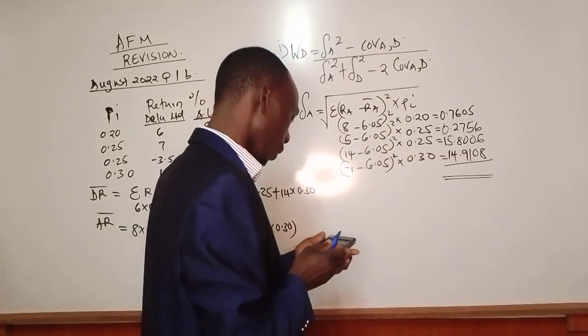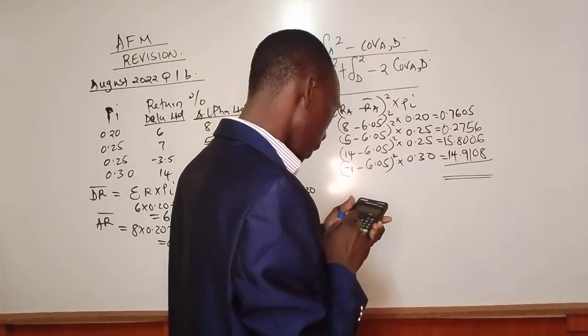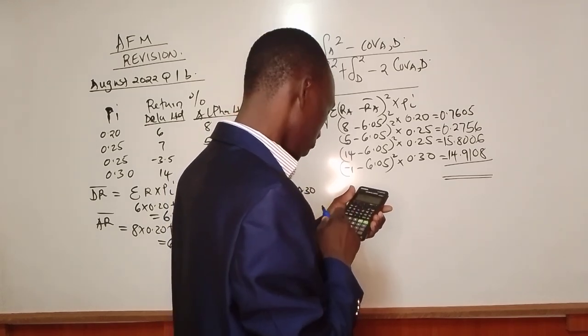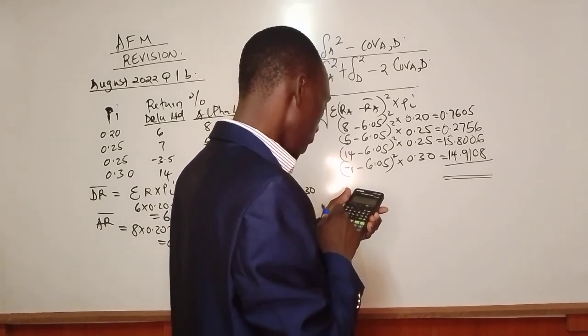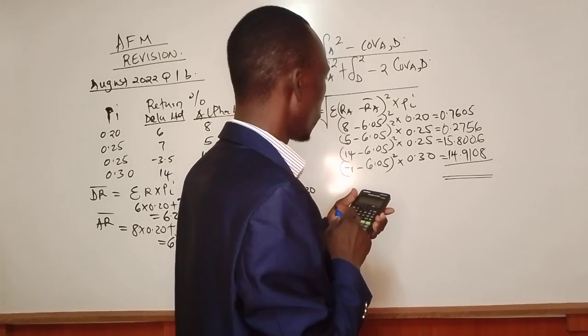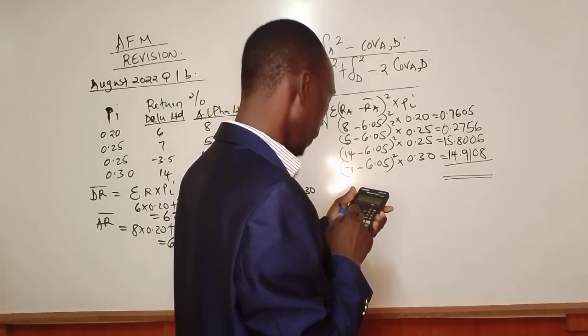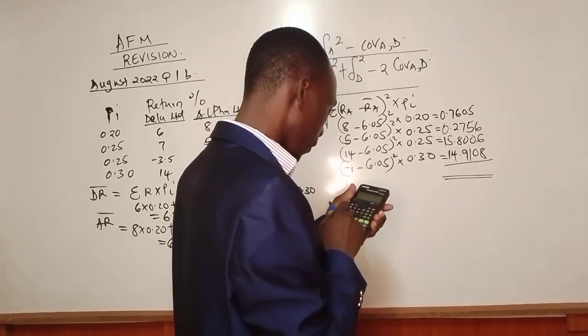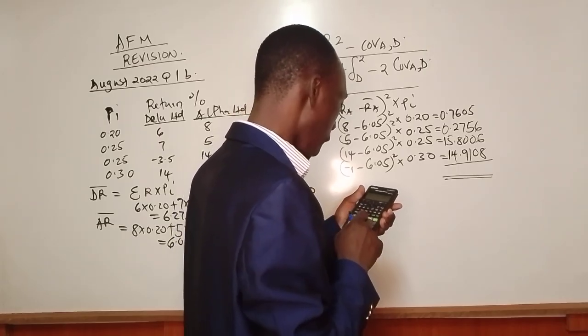So our summation will be 14.9108 plus 15.8006 plus 0.2756 plus 0.7605.